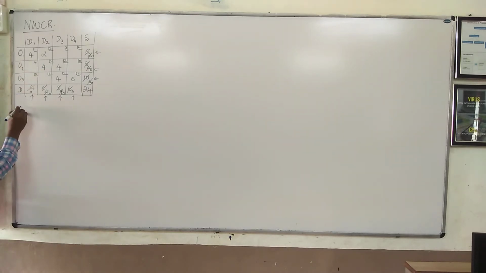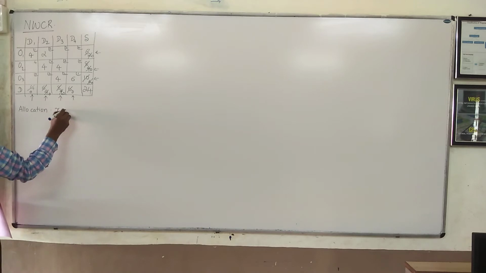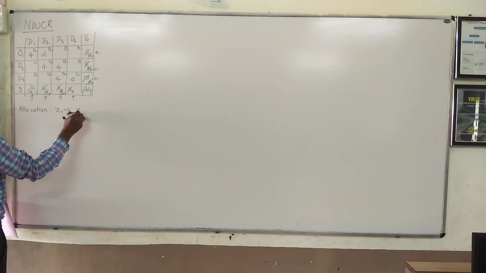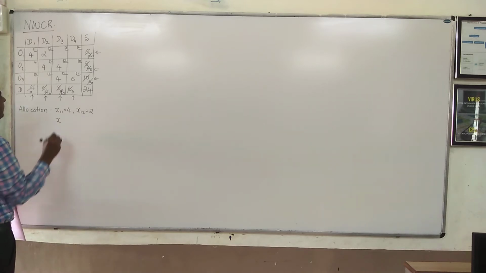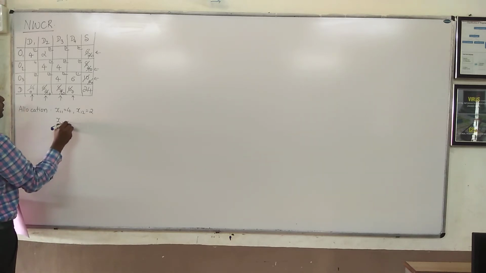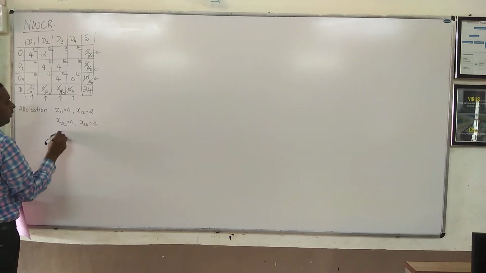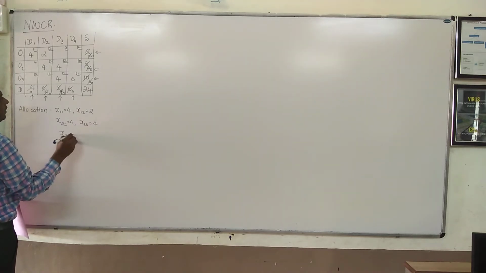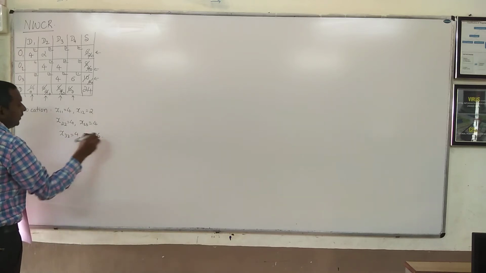Now the allocation is X11 is 4, X12 is 2, X22 is 4, X23 is 4, X33 is 4, X34 is 6.